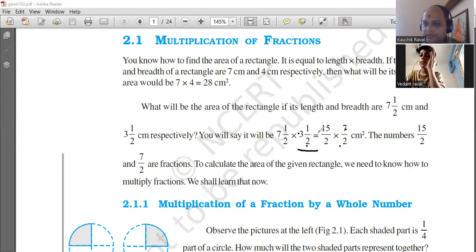So let me give you some problems. You can note them down in your notebook and try to solve this. 4 whole 1/3, convert it into an improper fraction.